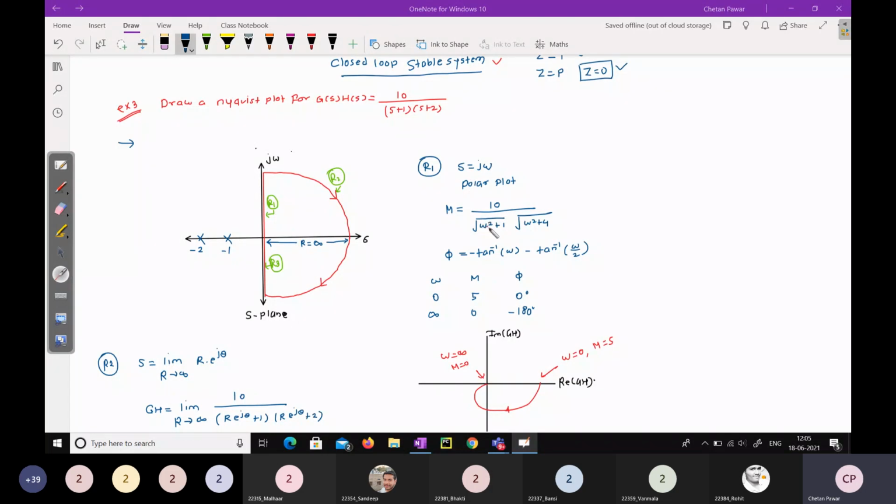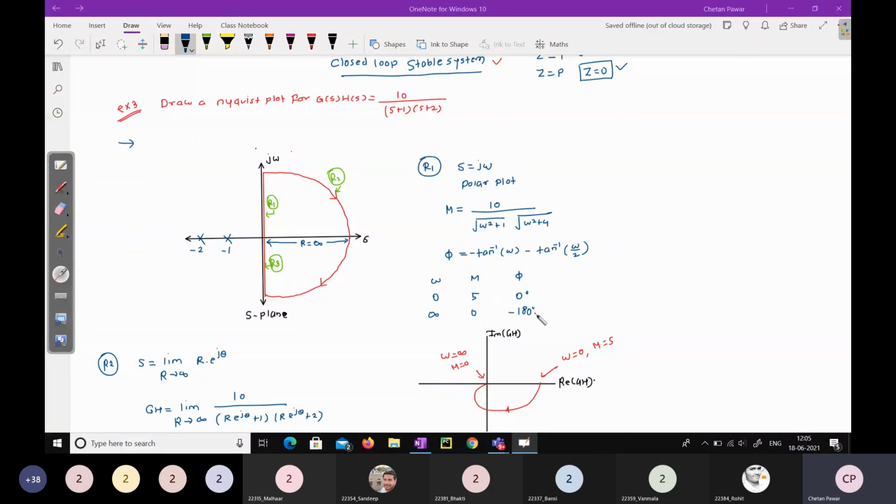You calculate the magnitude and phase at omega equal to 0 and at omega equal to infinity. At omega equal to 0, magnitude will be 5 and phase will be 0. At omega equal to infinity, magnitude will be 0 and phase will be -180 degrees.